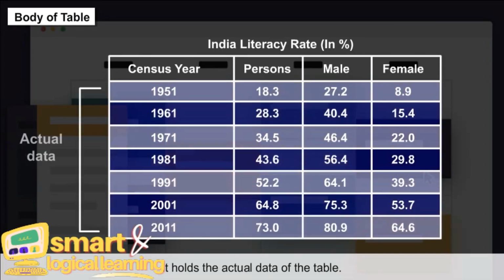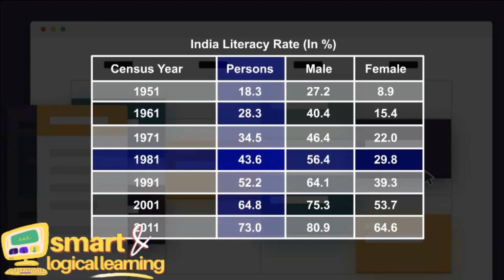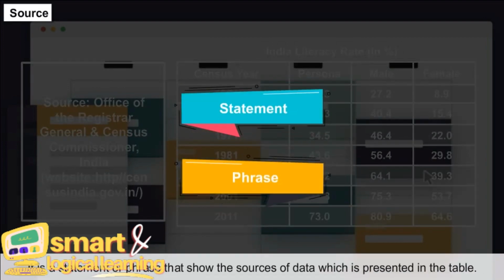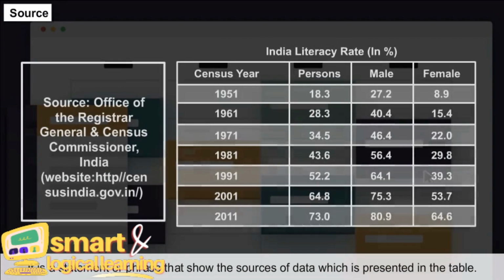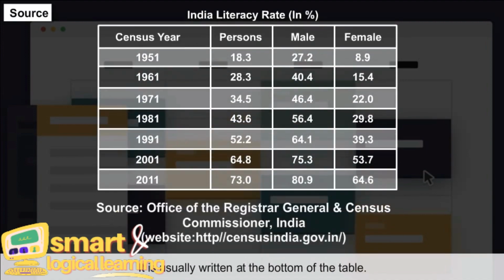It holds the actual data of the table. Location of any one figure or data in the table is fixed and determined by the row and column of the table. Source. It is a statement or phrase that shows the sources of data which is presented in the table. It is usually written at the bottom of the table.